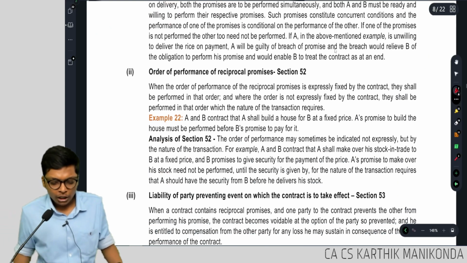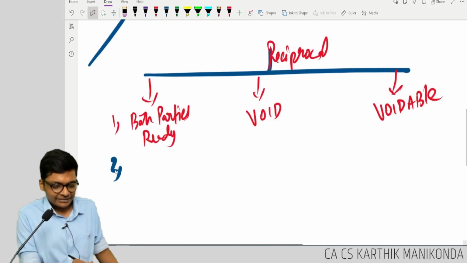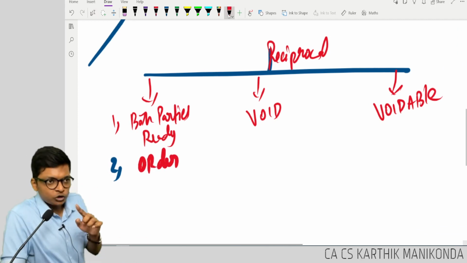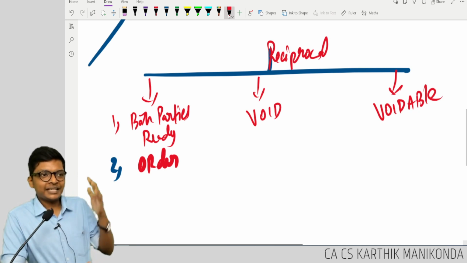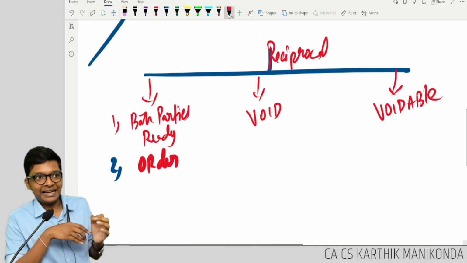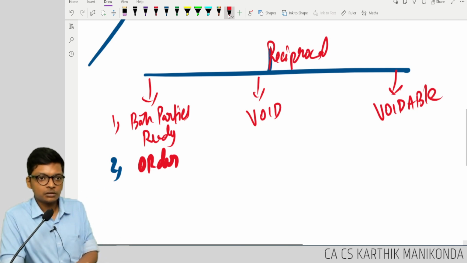Next, order of performance. Here, is there anything that makes it void? No. Order of performance, sometimes if there is any order specified, it has to be performed in that order. For example, I called, let's say, painter and electrician to the house to do some repair work. Who should do the work first?